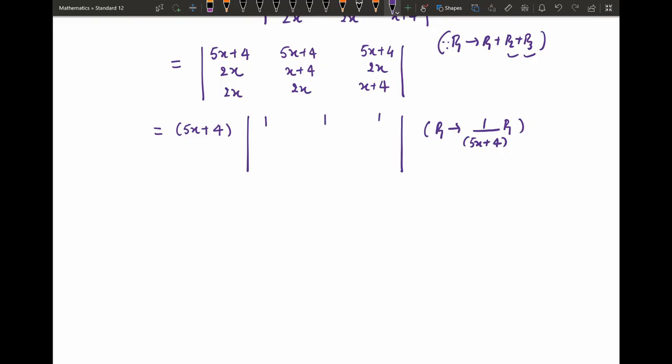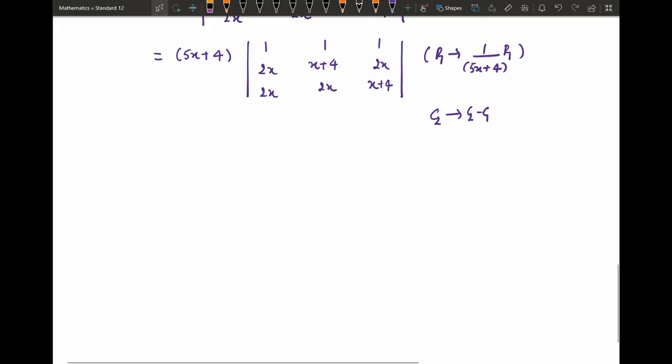So 1 1 1, 2x, x plus 4, 2x, x plus 4. Now you will get an idea. If we multiply this by minus 1, add here, so C2 to C2 minus C1. First column is multiplied by minus 1, add in the corresponding entries of the second column. So 5x plus 4, first column as it is.